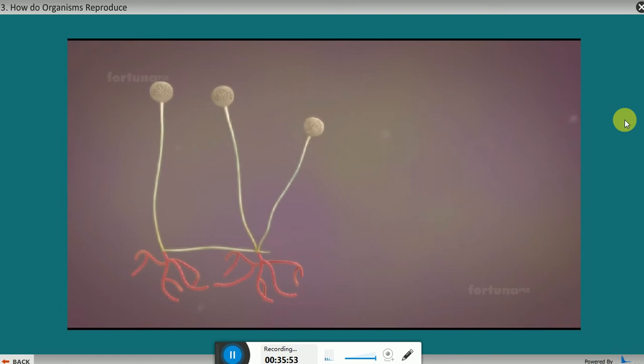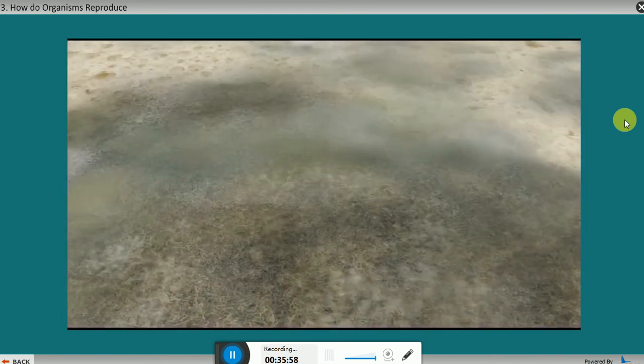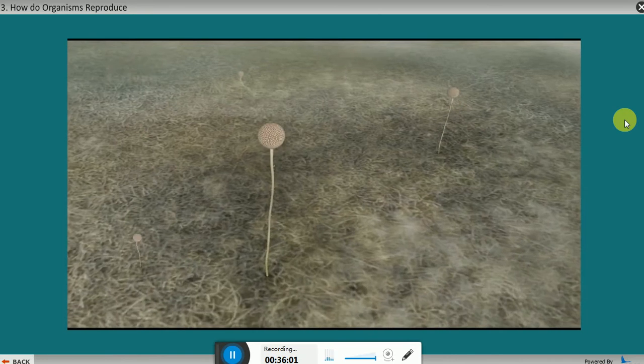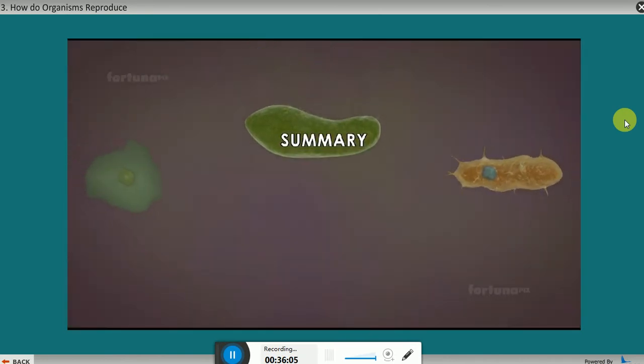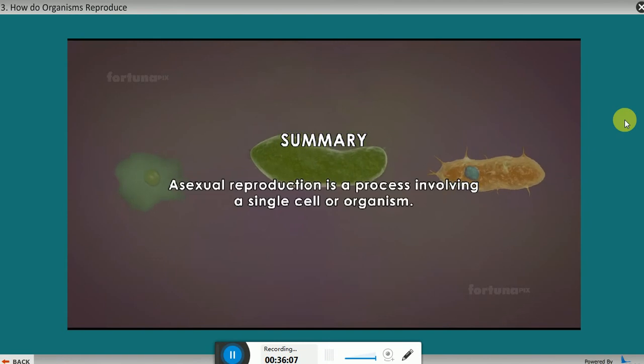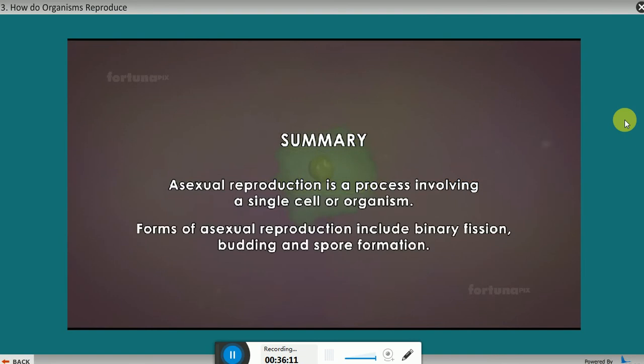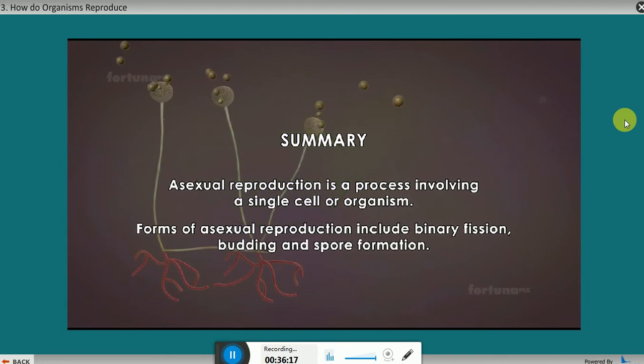The organism will release a huge number of spores, which will spread out and develop into adults. Summary: asexual reproduction is a process involving a single cell or organism. Forms of asexual reproduction include binary fission, budding, and spore formation.